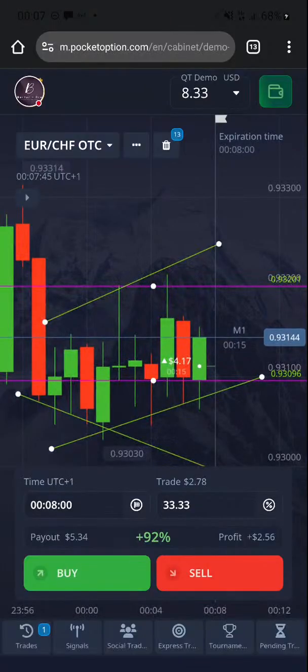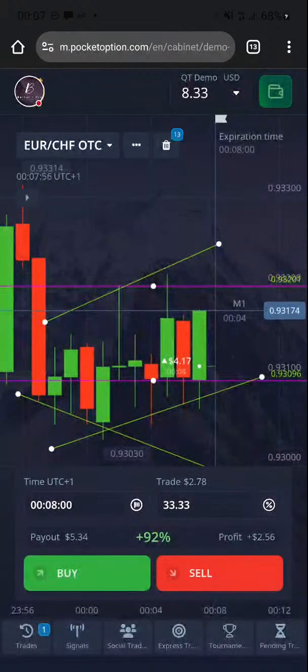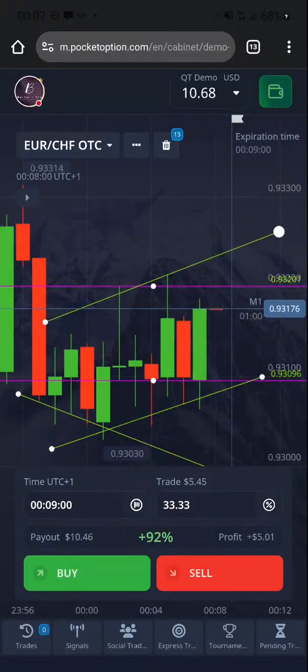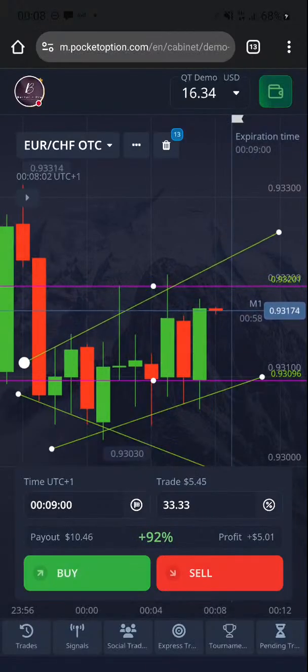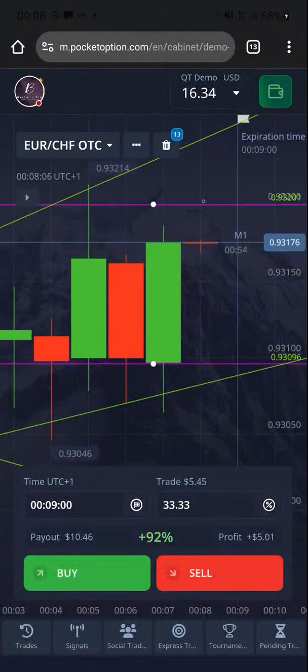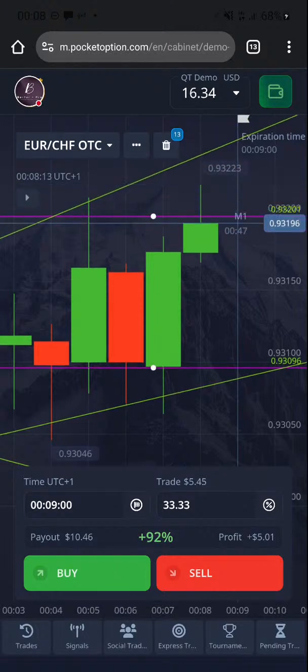The reason I said we might have a green candle is because usually when you have a doji like this in a ranging market, they tend to give us this red-green pattern. Look at this: green, red, green, red, green. We may be expecting another red. But we cannot just take that trade unless we combine it with something else. So if it comes to this round number up here, we can take a trade. If it comes to this common point of rejection, we can take a trade too.